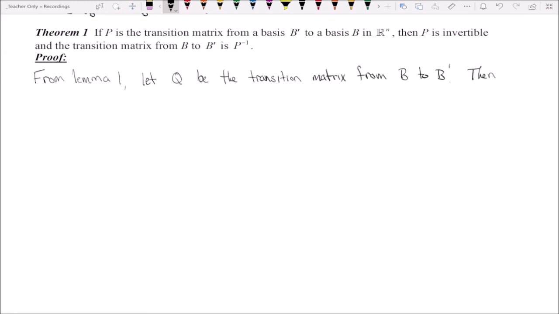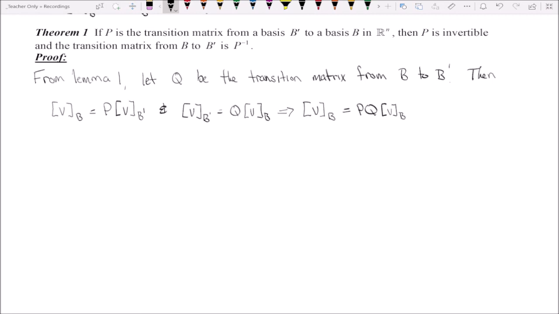Then we have two equations. Coordinate vector of v with respect to B is P times coordinate vector of v with respect to B prime. And the coordinate vector of v with respect to B prime is Q times the coordinate vector of v with respect to B, which implies that the coordinate vector of v with respect to B is equal to P times Q times the coordinate vector of v with respect to B. And this has to be true for every vector v in Rn.